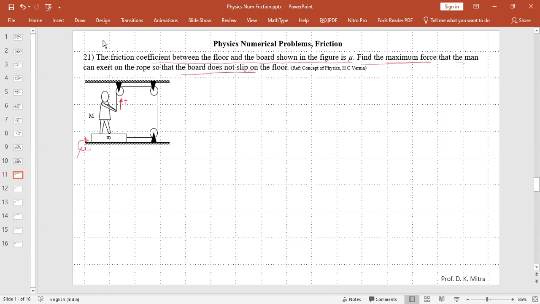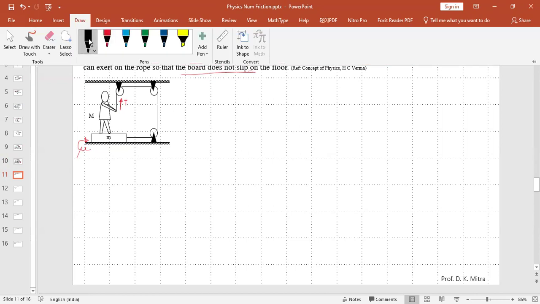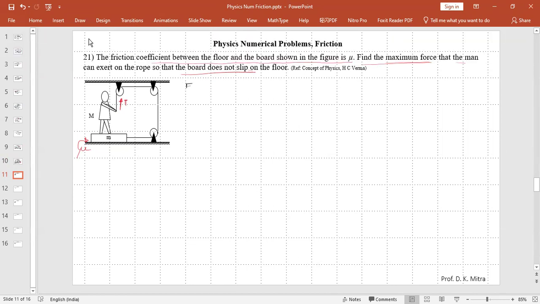So here, let us first take the free body diagram of the small body, a free body diagram of small m.